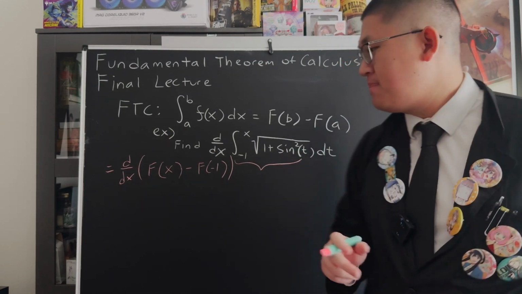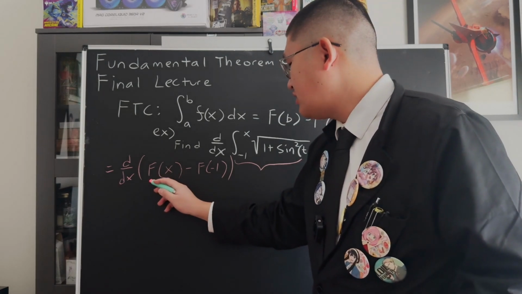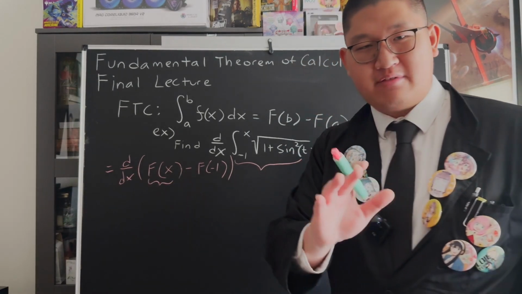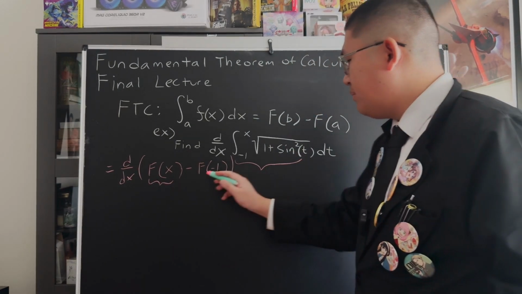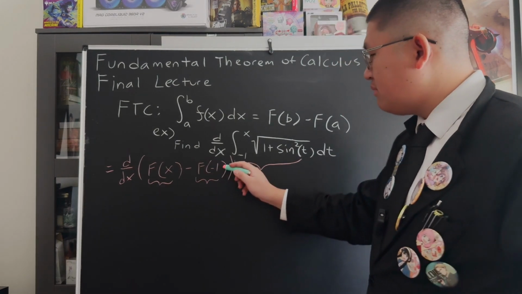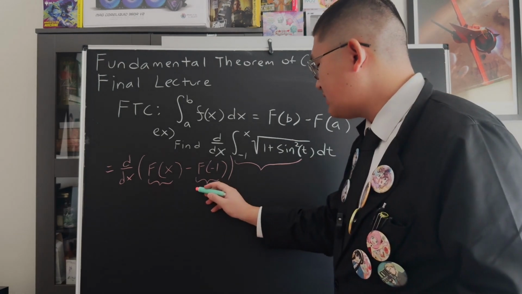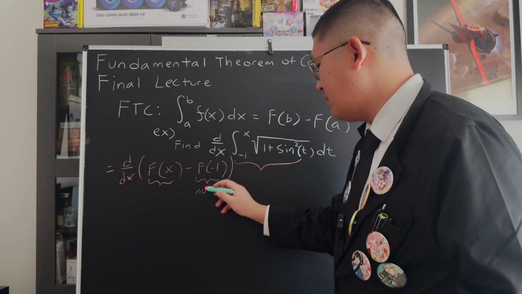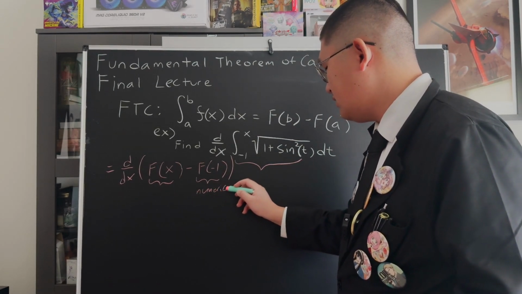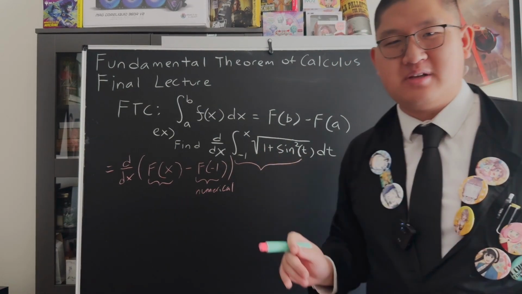No doubt about it. Okay, now let's think about this. We do have a function F of x, so that is going to be left in function form, but the F of -1, well, would you look at that? If you plug any value into a function, you usually get, in this case, a numerical answer. Of course, you just plug in a -1 to whichever function comes out of the integral.